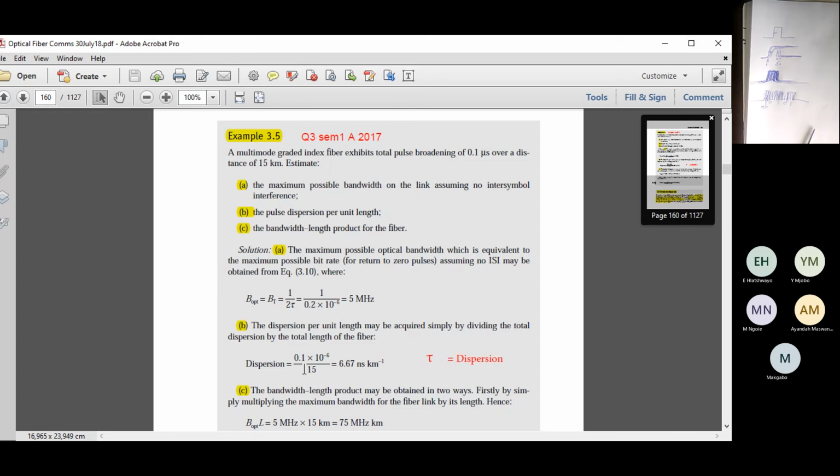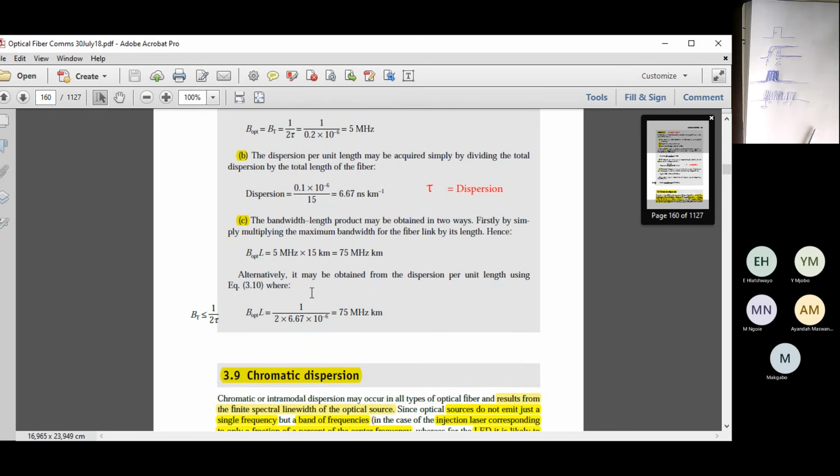So the bigger you make this, the less the dispersion becomes. Dispersion is measured in time. Bandwidth is measured in megahertz, in frequency. That's the difference between them. Learn that. Okay. And the bandwidth length here is 75 megahertz kilometer.